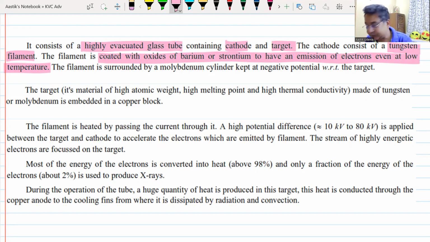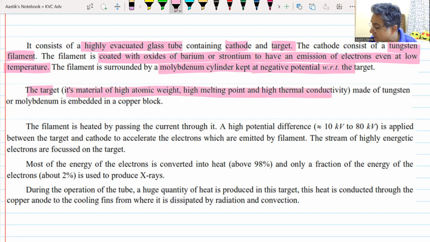This filament is surrounded by a molybdenum cylinder, which is kept at a negative potential with respect to the target. The target is a metal of high atomic weight, high melting point, and high thermal conductivity, and we will see why. It is made of tungsten or molybdenum and is embedded in a copper block.